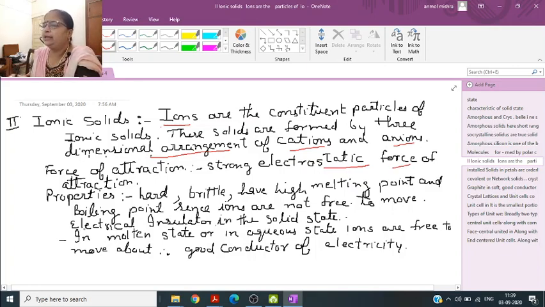Properties of these solids: they are hard, brittle, have high melting and boiling point. Since their ions are not free to move, they are bad conductor of electricity in solid state, but in molten state or in aqueous state the ions are free to move, so they become good conductor of electricity.